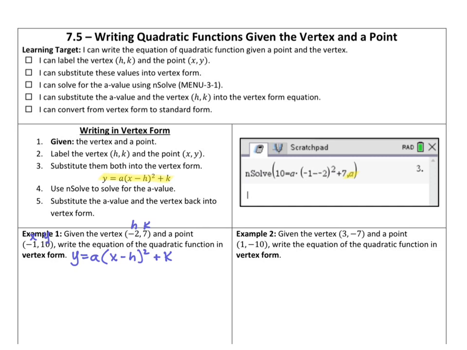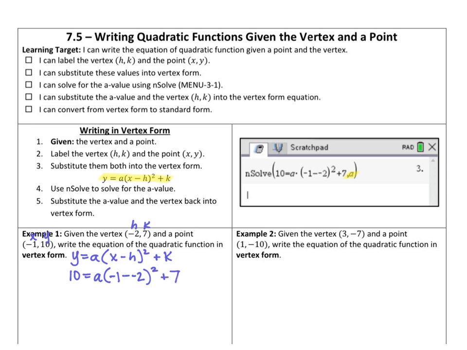I see that I labeled 10 as y, so instead of writing y, I'm going to write 10 equals. We don't know the a value yet, that's what we're going to solve for, so I just leave it as a, parentheses x is negative 1, minus my h value, which is negative 2. So notice I put minus a negative, right? Close parentheses, squared, and then plus my k value, which is 7.